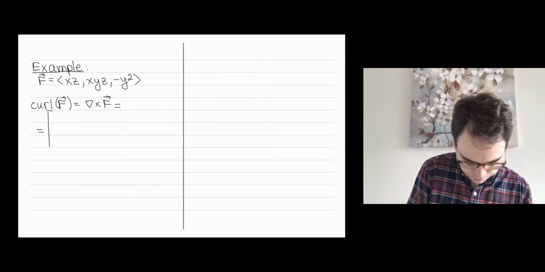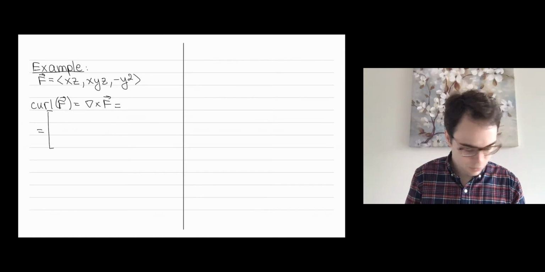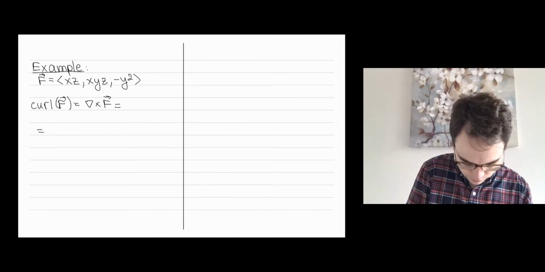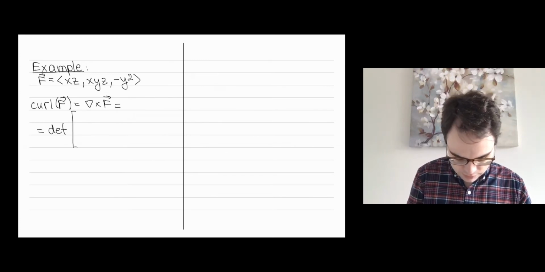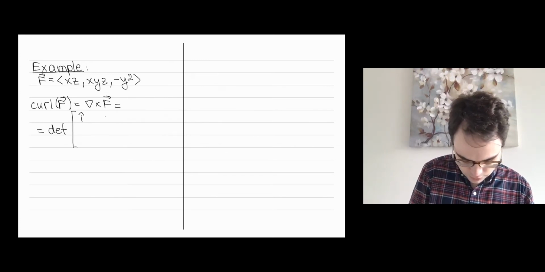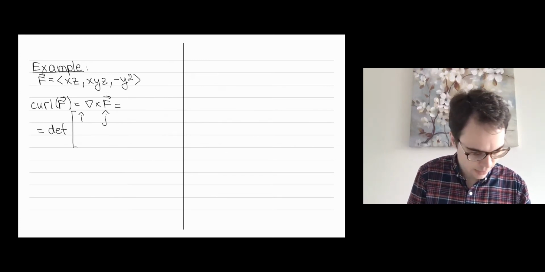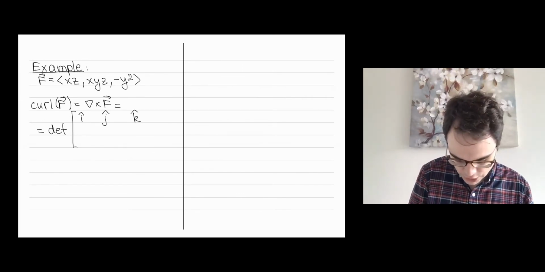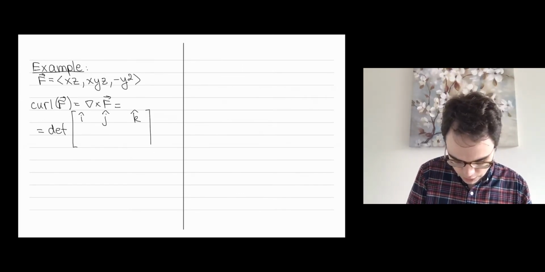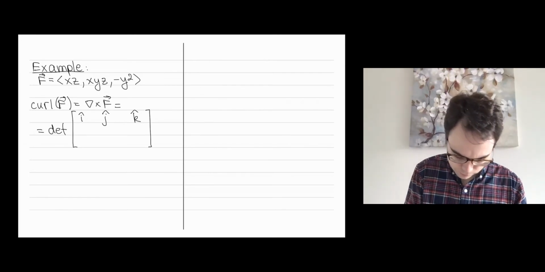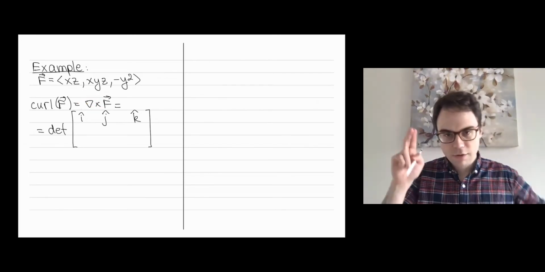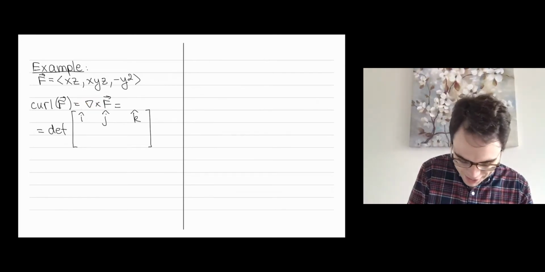So we compute this cross product with the determinant. Here's how you compute that. Just use i, j, and k. Put i, j, and k in the first row, and then you put the gradient vector in the second row.